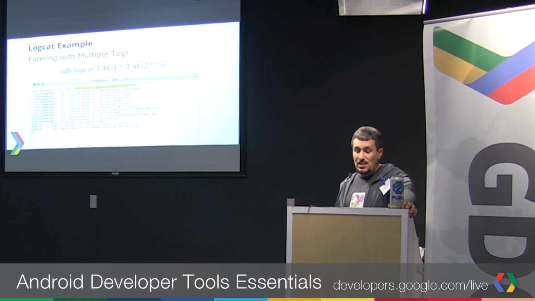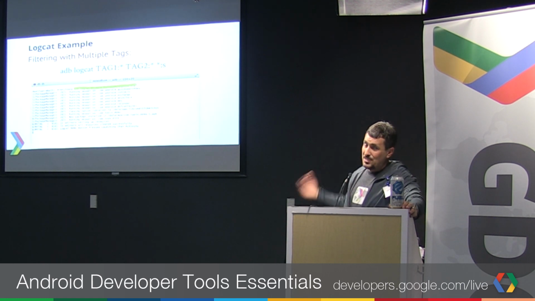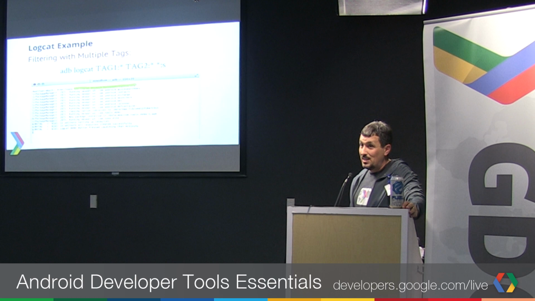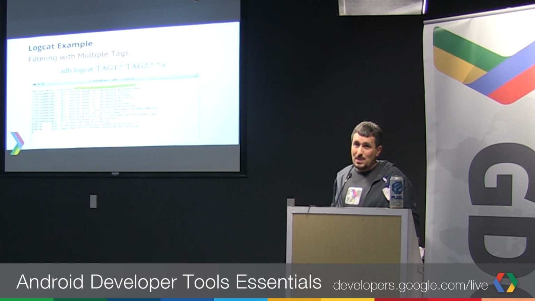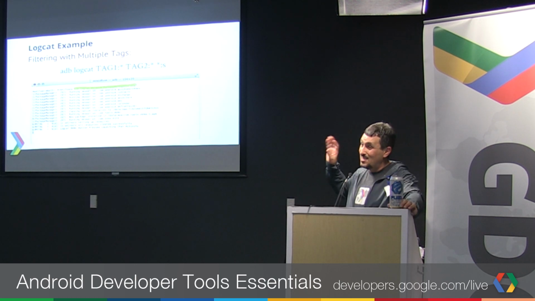So basically, you create that command, my tag colon, package manager colon, and then don't forget the star colon S to silence everything else. And you'll see now I have just the information about the two tags that I'm interested in. And you could create as many different filter sets as you want. You can string multiple sets. And of course, you could also filter based on a tag and a verbosity level combined. So there's a ton of flexibility.